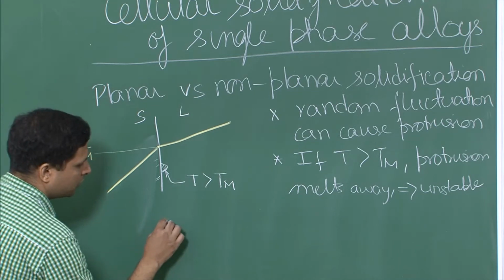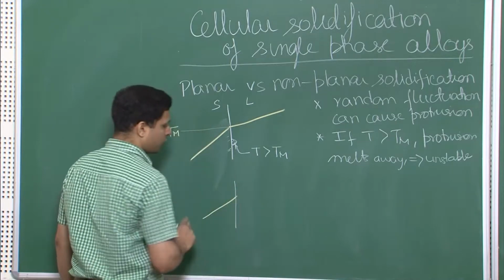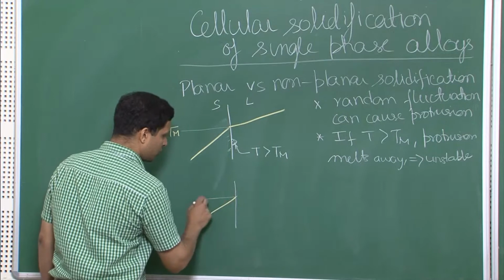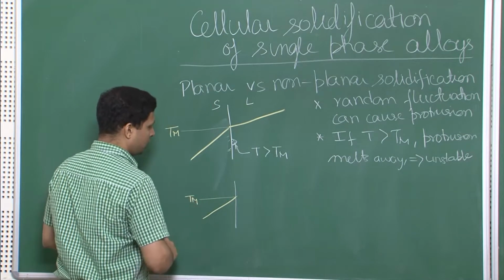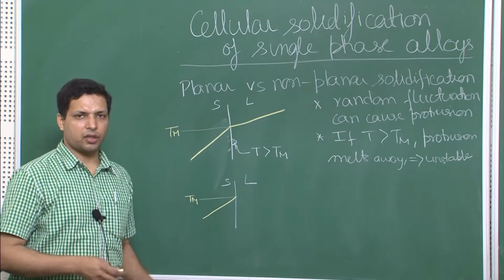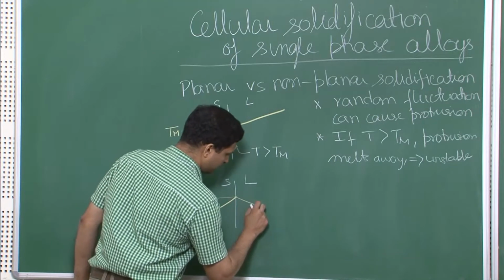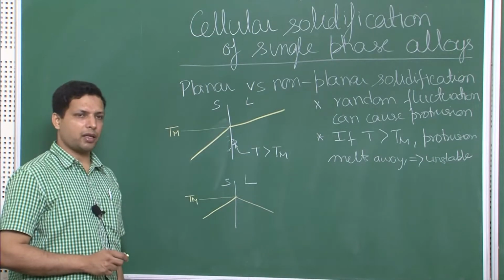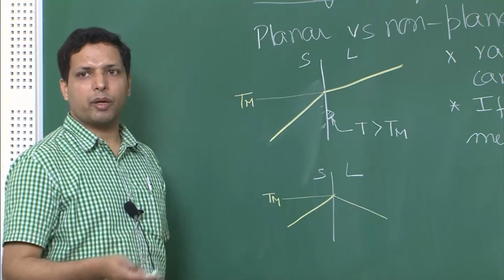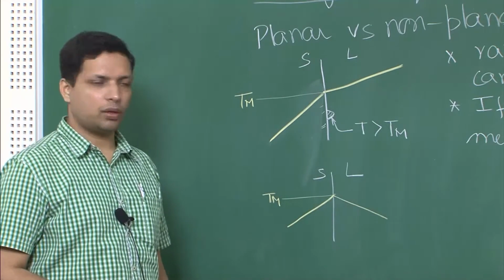Let us draw this a little differently this time. Let us say the temperature profile is like this, increasing. This is Tm, this part is solid, this part is liquid, but because of certain conditions in a localized region, the thermal gradient inside the liquid is like this, so the temperature inside the liquid is also dropping. So it is a supercooled liquid, it has not solidified, but it is still below the melting point.